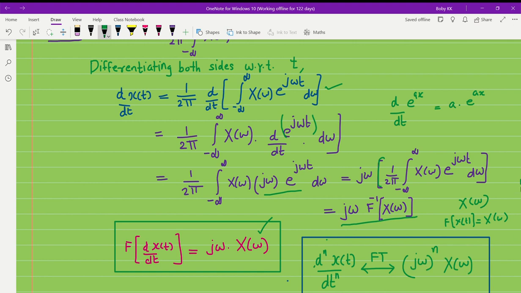So for nth order differentiation, its Fourier transform will be j omega raised to n X of omega. So that is the differentiation in time domain property of the Fourier transform. Thank you.